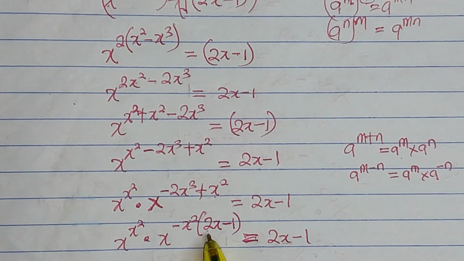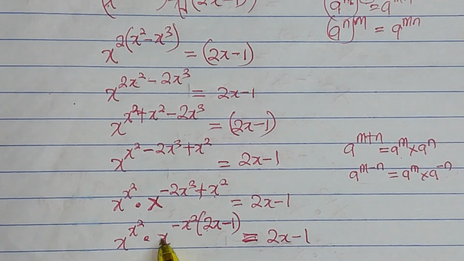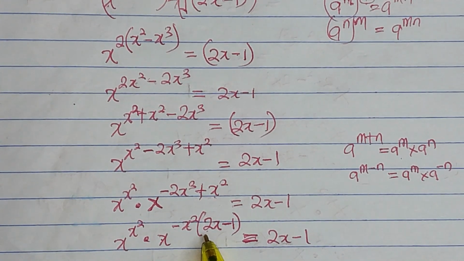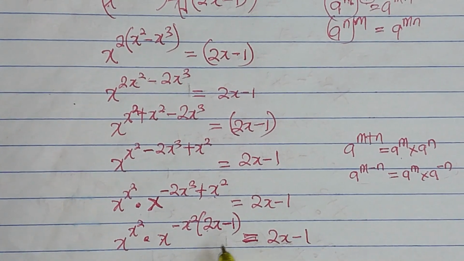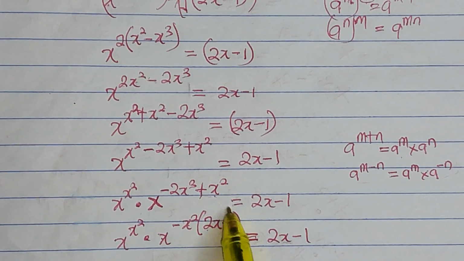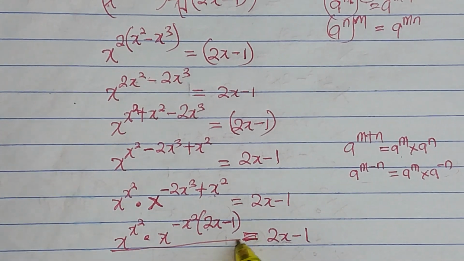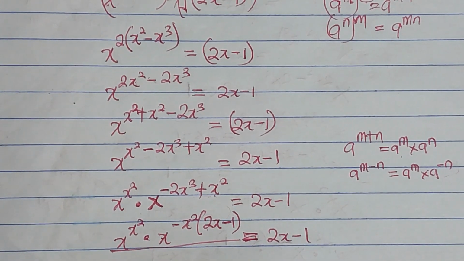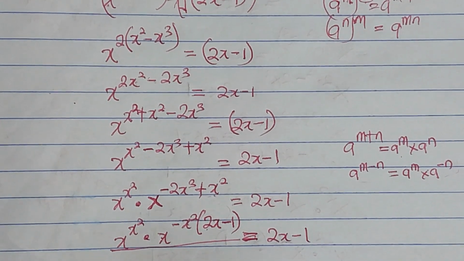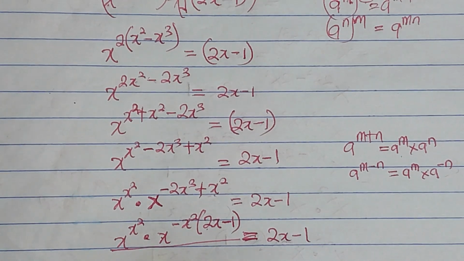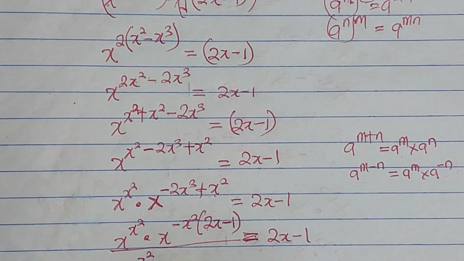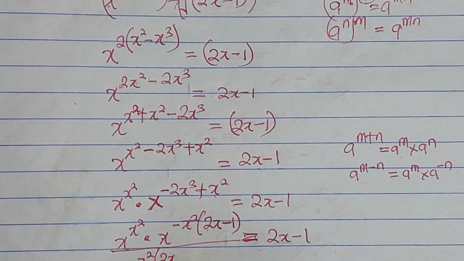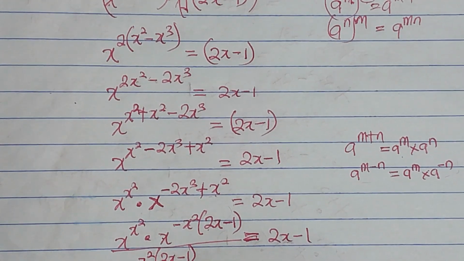Since we are having that the exponent of x here is similar to this, we have to divide through by the whole of this expression. If we divide through both sides by this whole expression, we are having this divided by x to the power of minus x squared multiplied by 2x minus 1.